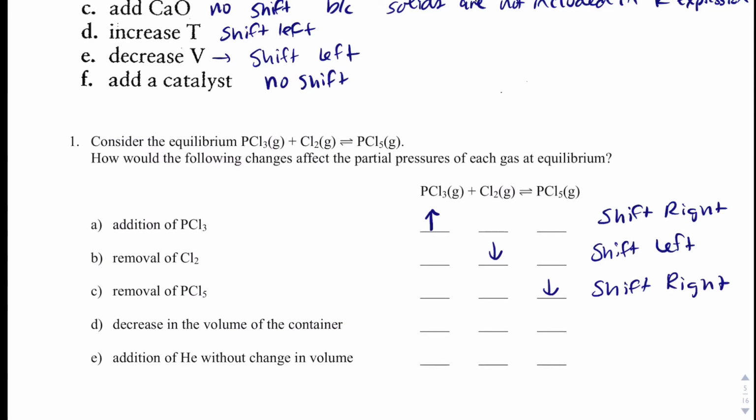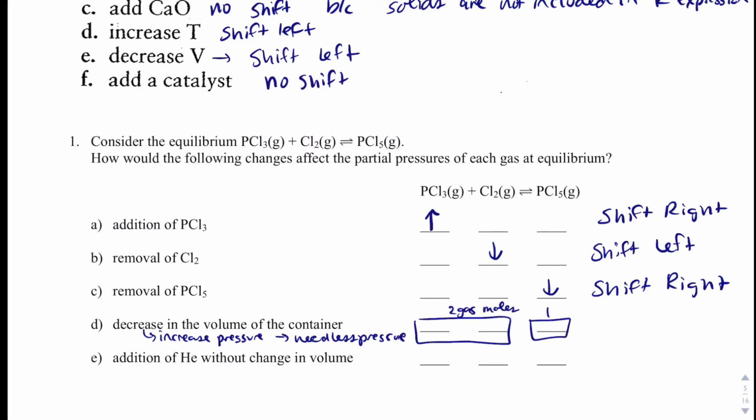If we decrease the volume of the container, well, that's going to increase pressure, meaning that we need less pressure. This side of the reaction, the left side, has 2 gas moles.